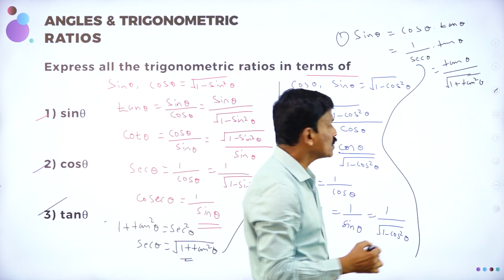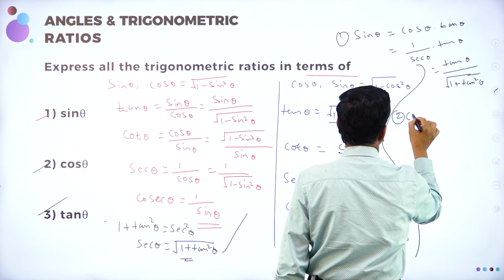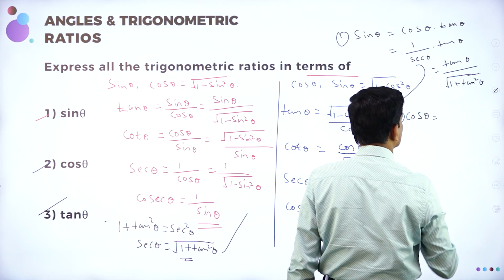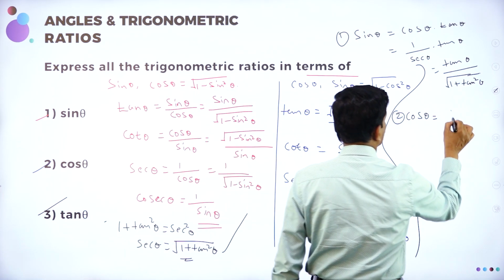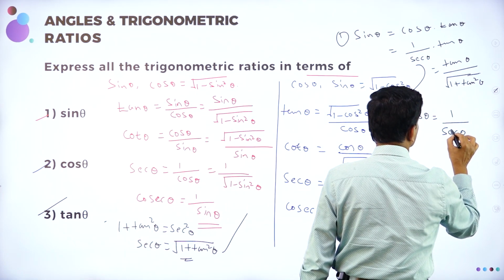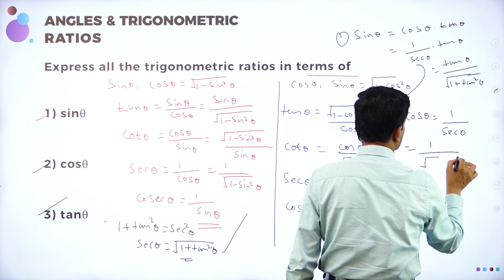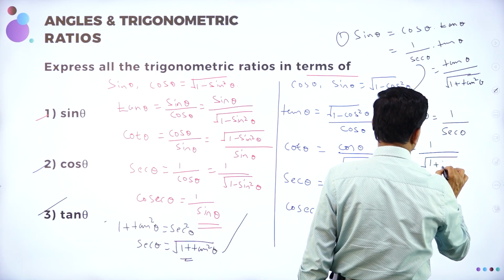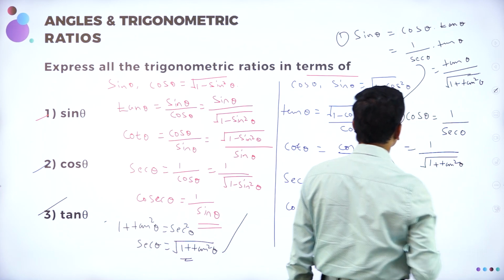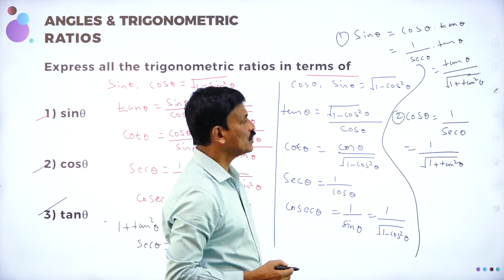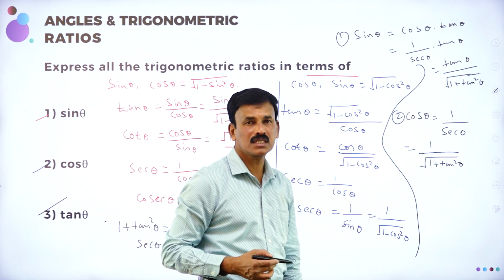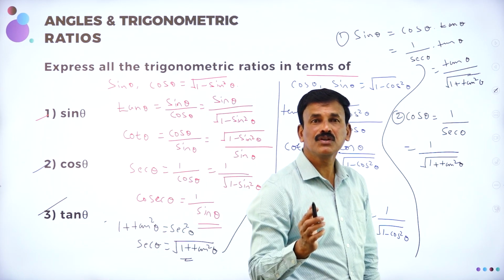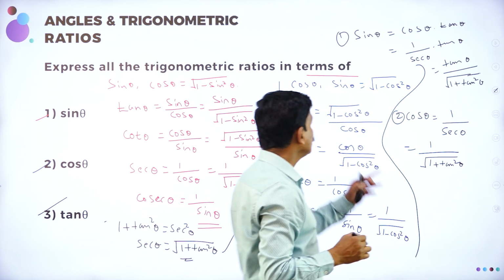Now similarly, the second one, cos theta. Cos theta can be written as 1 by secant theta, that is nothing but 1 by root of 1 plus tan square theta. So, sin theta is tan theta by root of 1 plus tan square, and cos theta is equal to 1 by root of 1 plus tan square. Once you know sin and cos, the remaining ones follow. The third one is tan theta as it is.